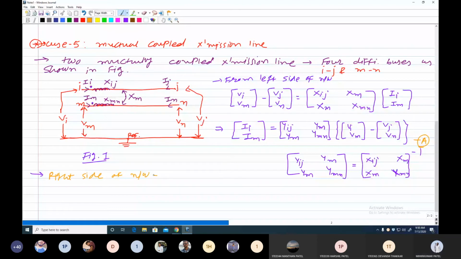Anyone? Just tell me what parameters we will use if we write the equation from the right side. Here, the change in the current. Yes, anyone?